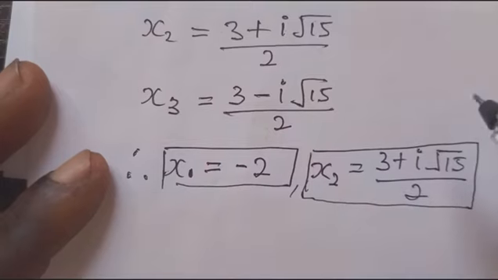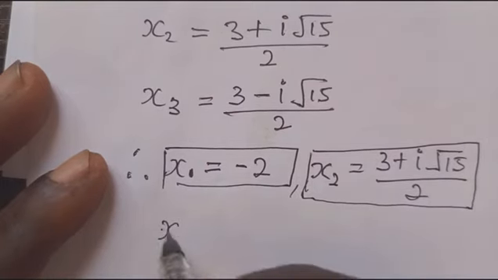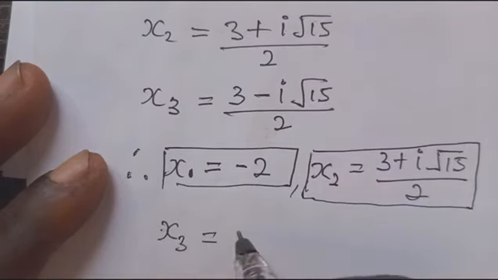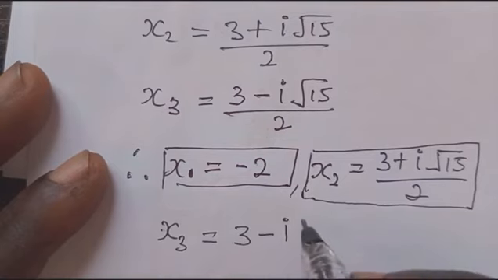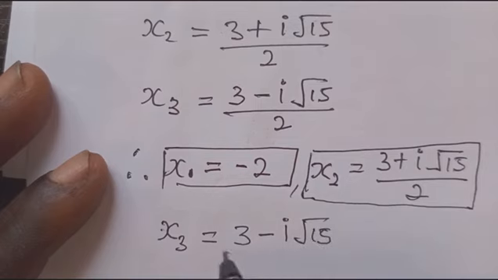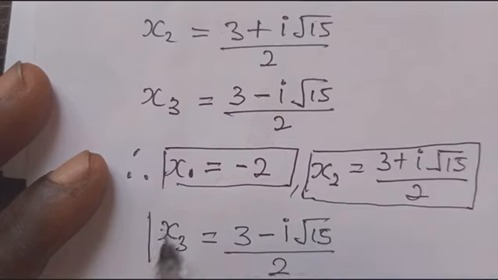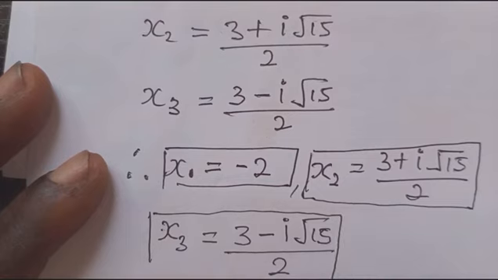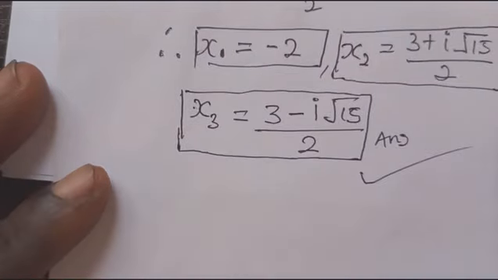Then lastly, our x3 equals 3 minus i square root of 15 divided by 2. That's the final answer.